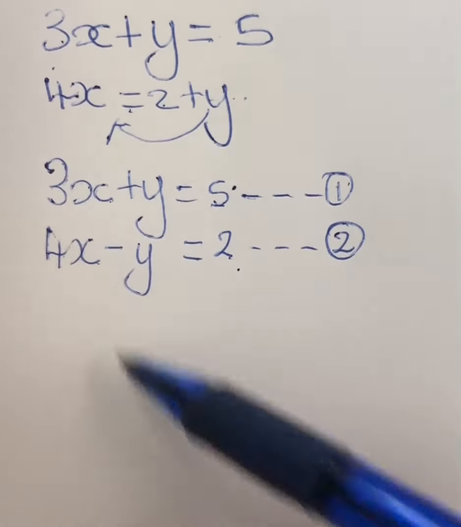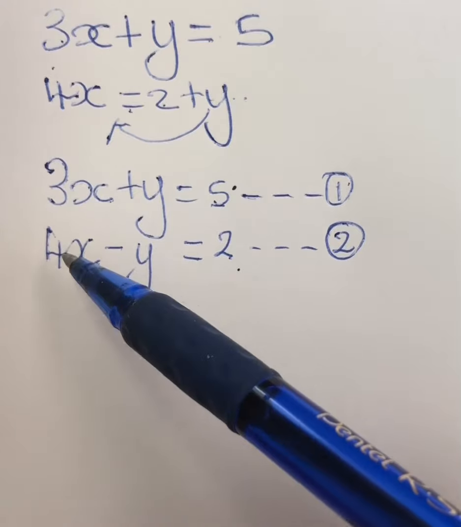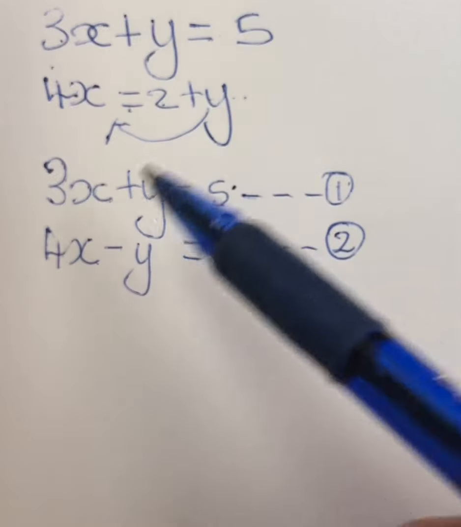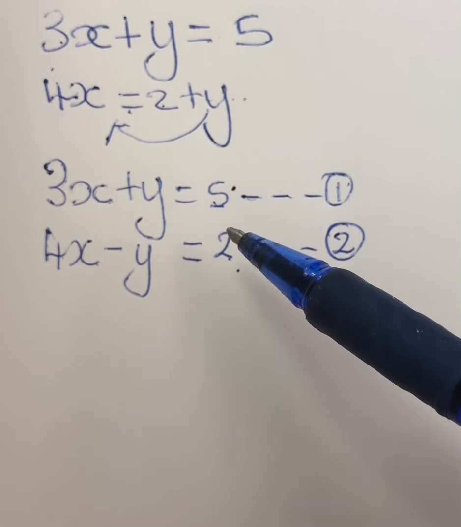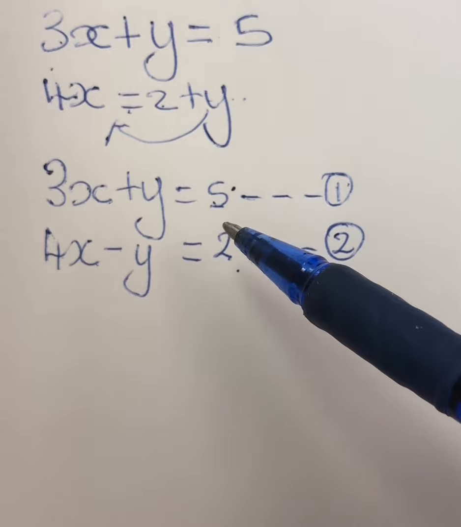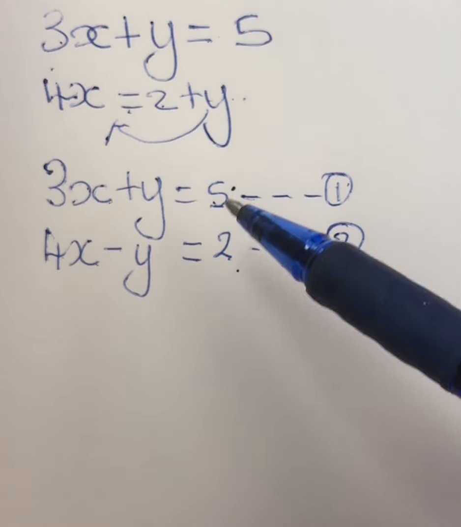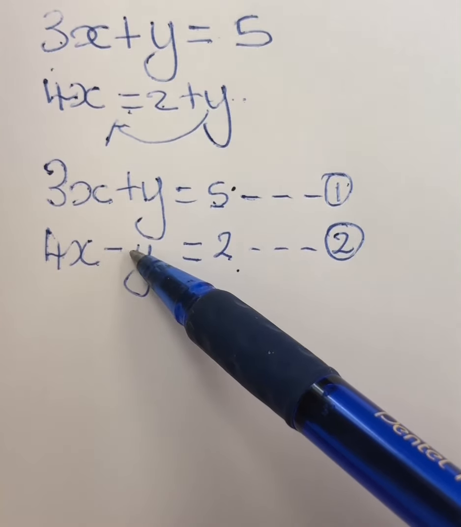My x's are not the same. One has a value of 3, the other has a value of 4. Let us look at the y's. The y's, they carry the same value. The only difference is they go in different directions. One is a positive, one is a negative.